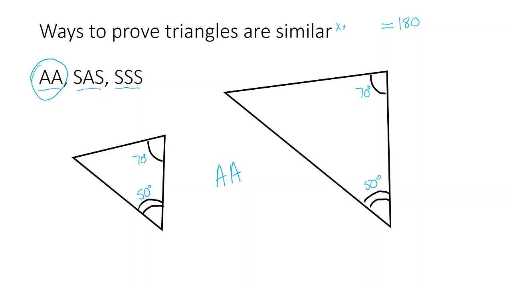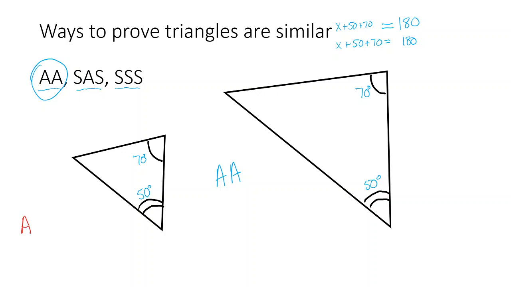So one triangle would be x plus 50 plus 70, and the other triangle would be x plus 50 plus 70. You could see clearly in both cases that the third angle is going to be the same. No matter what, if the first 2 angles are congruent, you're guaranteed that the third one's going to be congruent also.